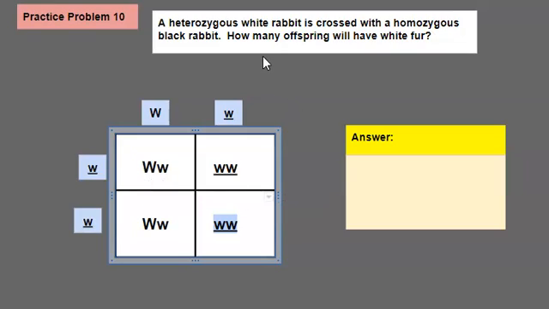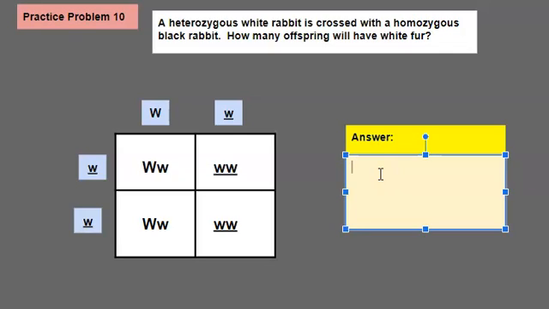All right, so the question was, how many offspring will have white fur? Okay, so white fur is the dominant allele. So in the left half of the Punnett square, we have big W, little w. Big W will give us white fur. Little w will give us black fur.